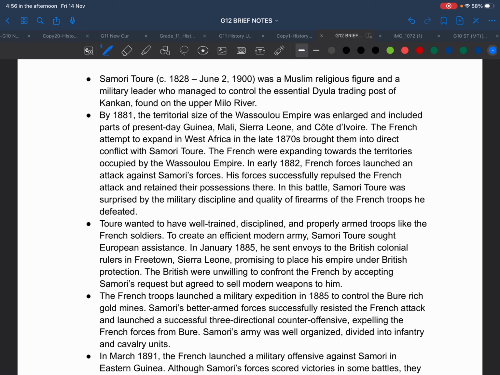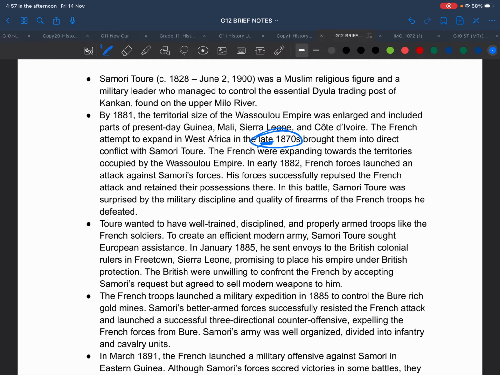The French attempt to expand in West Africa in the late 1870s, late meaning 1878, 79, brought them into direct conflict with Samori Toure. Their interest became a cause for the conflict.